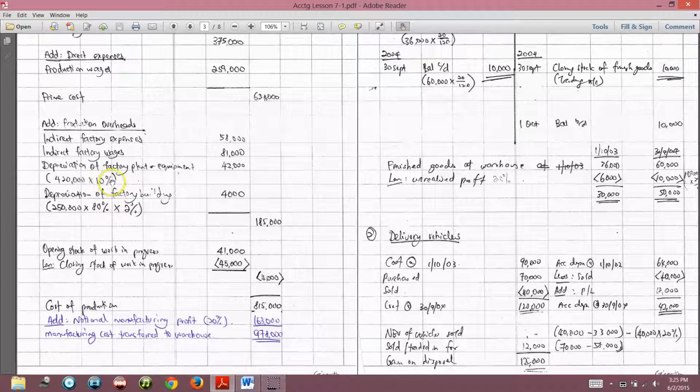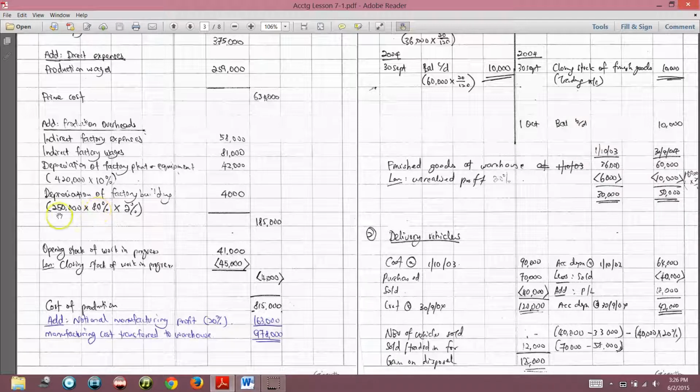And under note 5 of the question, it says that depreciation rates are applied on cost as follows: factory, plant and equipment 10%. So 420,000 times 10% is 42,000. Depreciation of factory building: factory building accounts for 80% of the freehold property.